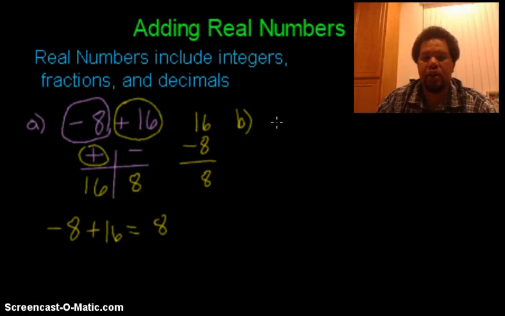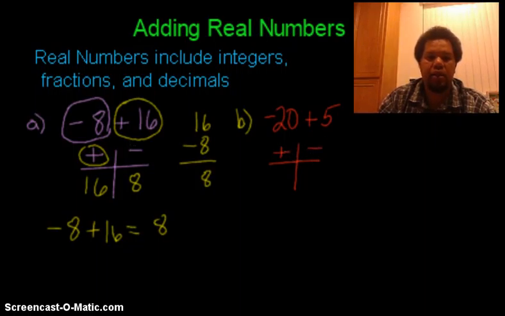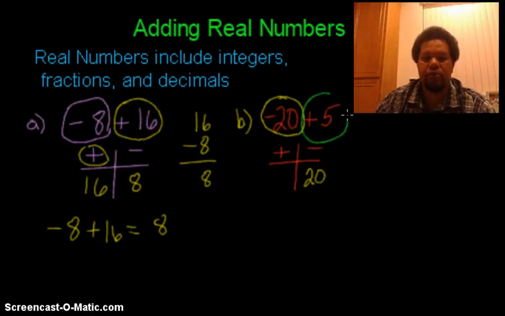Let's say we had a -20 and we are adding it to a 5. Same thing here, same concept. We make our scoreboard a plus and a minus sign, and we take the signs in front of each number. So we have a -20 here, so that goes on the negative side, and we have a +5 that goes on the positive side.